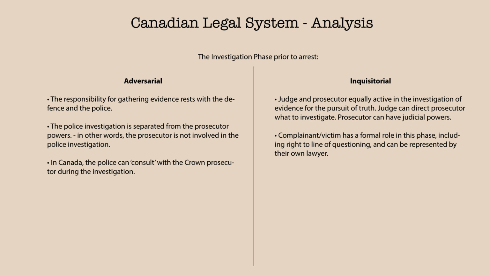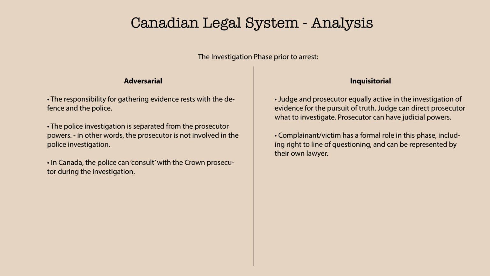In the inquisitorial system, the judge and prosecutor are equally active in the investigation of evidence for the pursuit of truth. The judge can direct the prosecutor what to investigate. The prosecutor can also have judicial powers. The complainant or the victim has a formal role in this phase, including the right to line of questioning, and can be represented by their own lawyer.